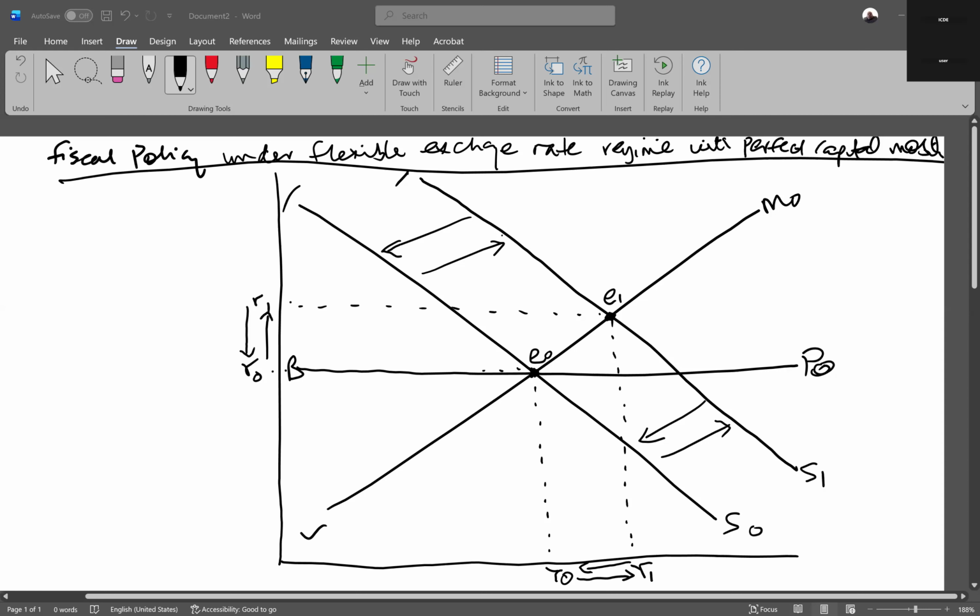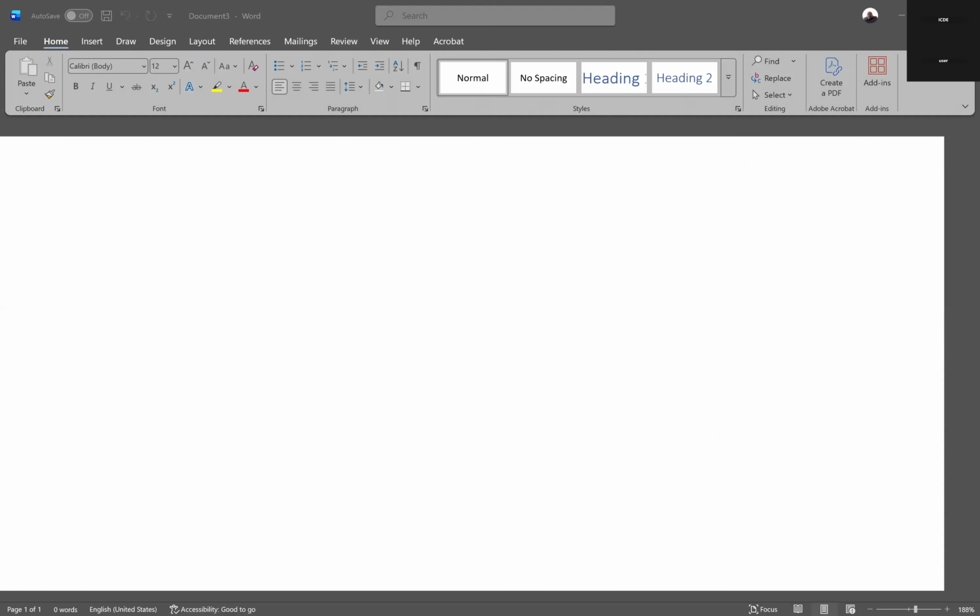Okay? So we are looking at the monetary policy again. So monetary policy under flexible exchange rate regime with perfect capital mobility.